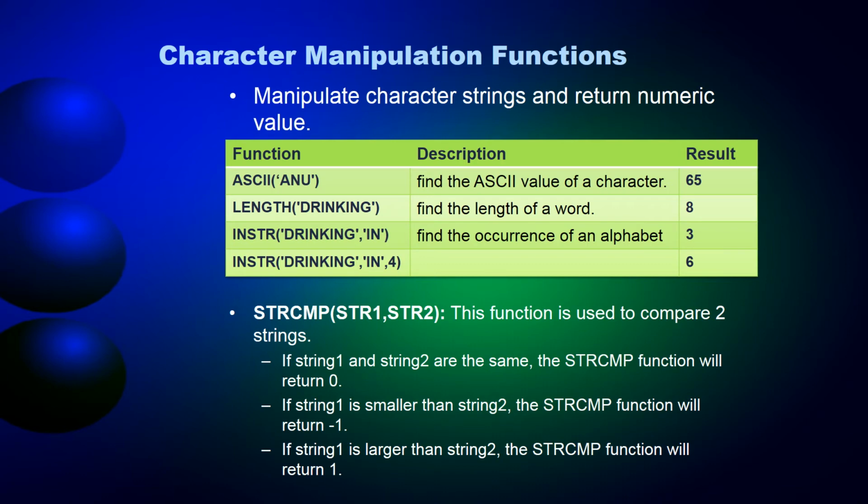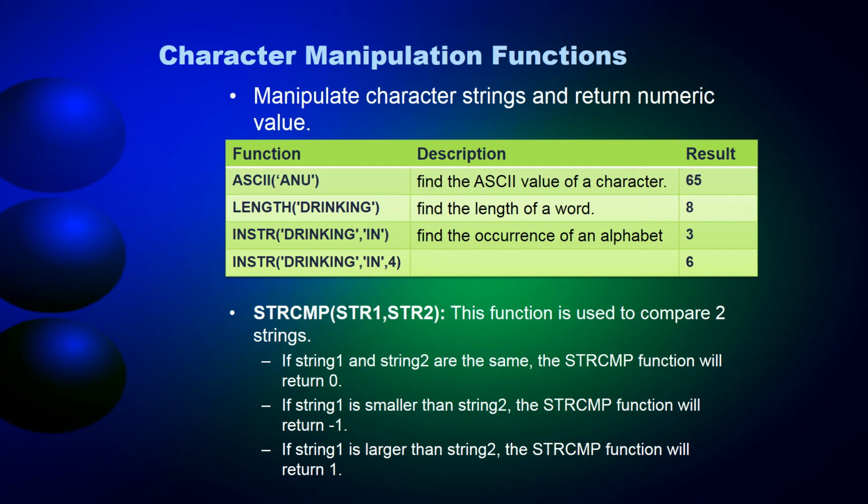So next function is strcmp. This is used for string comparison. The format is strcmp of string 1 comma string 2. This function is used to compare two strings. If string 1 and string 2 are the same, the strcmp function will return 0.